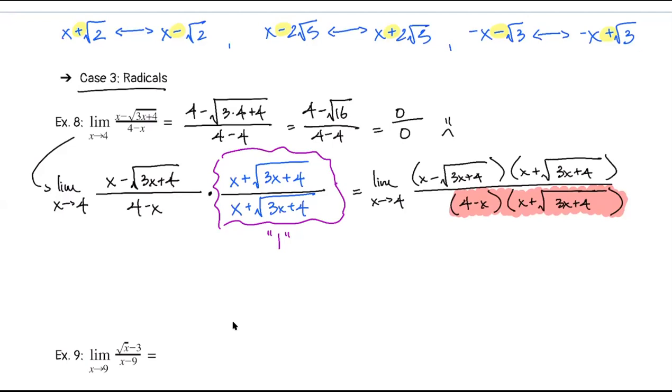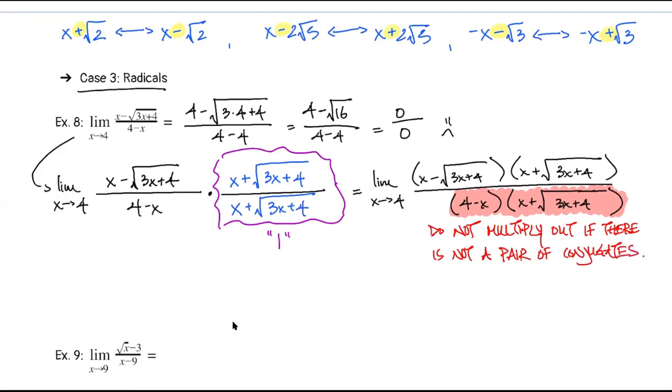The bottom does not. Do not multiply if there is not a pair of conjugates.